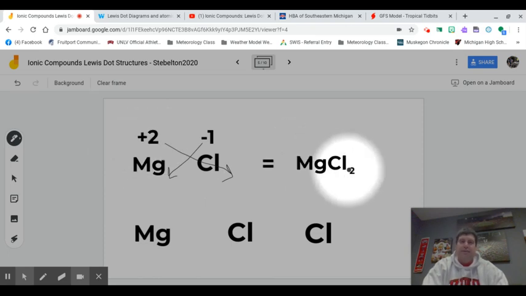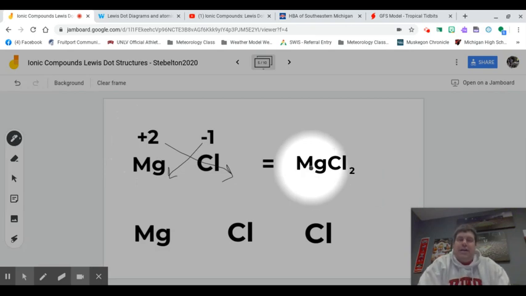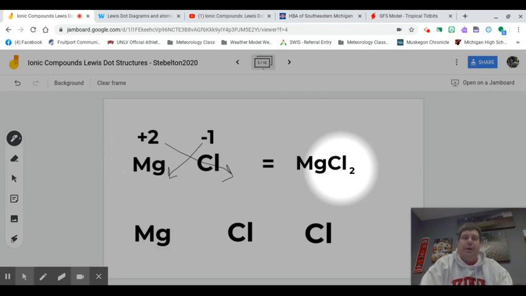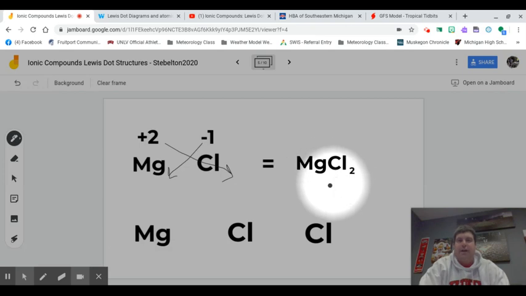And all that tells you is that we have 2 chlorine atoms. And the Lewis dots will actually show you why we need the 2 chlorine atoms to make it a neutral compound, or to balance it out using that 8 valence electron rule.